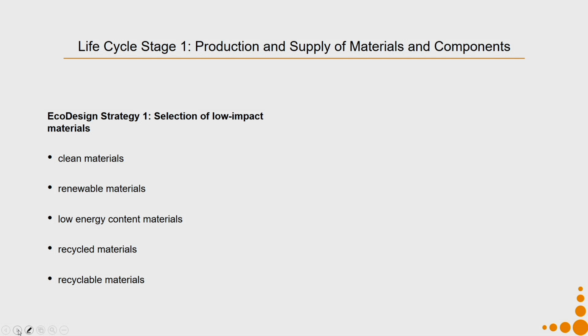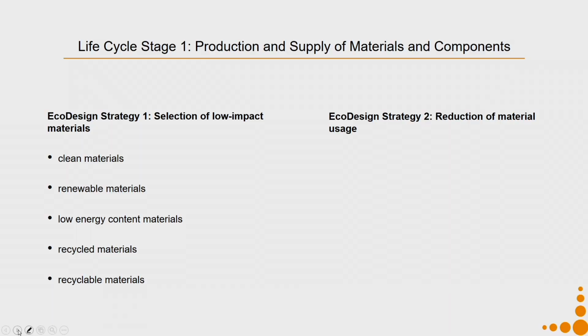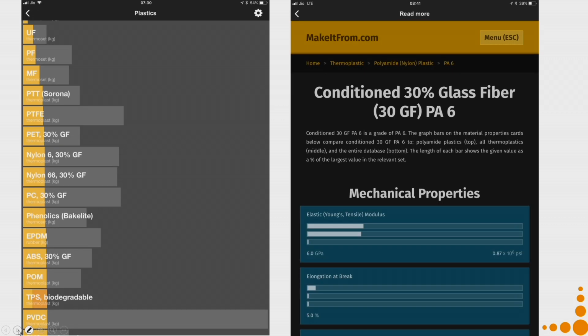Then, can you use materials which are recyclable? The next strategy that we can use is reduction of material usage, where we try to reduce the weight and reduce the transport volume. So, let us see some examples to understand this context better.